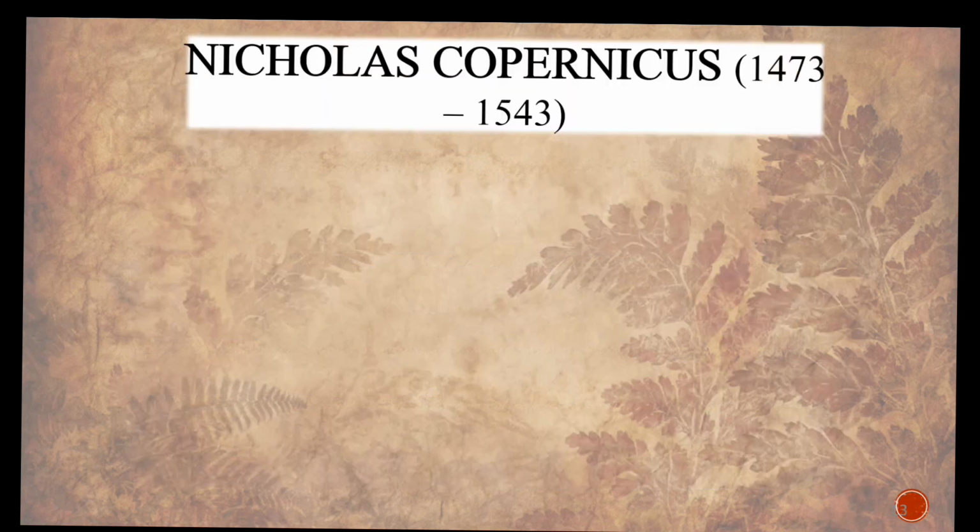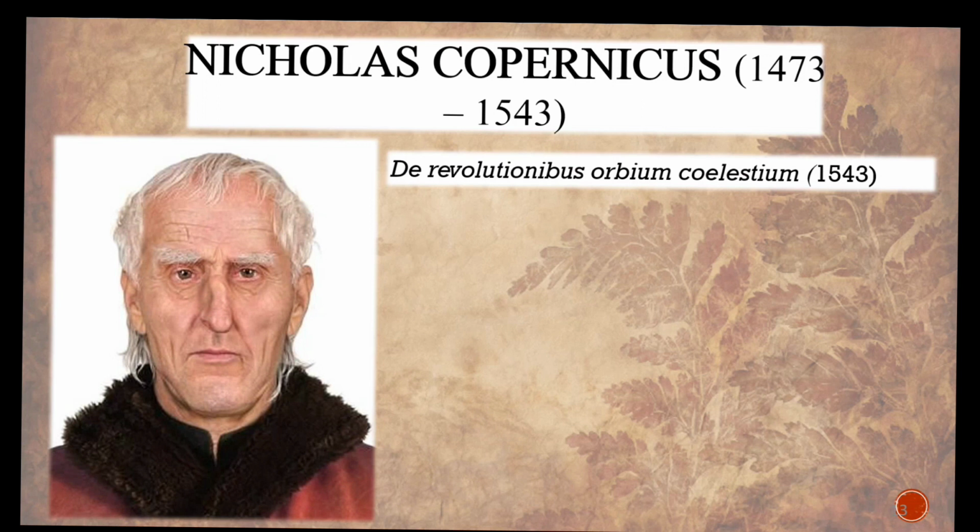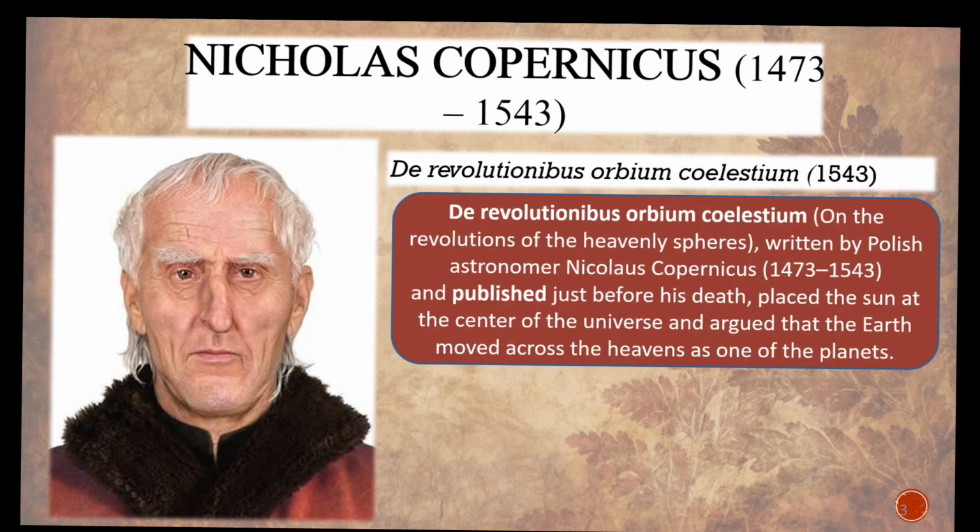Then Nicholas Copernicus. His work was on the revolutions of the heavenly spheres. According to Nicholas Copernicus, the sun is at the center of the universe, unlike Ptolemy's work in which the earth is at the center of the universe.